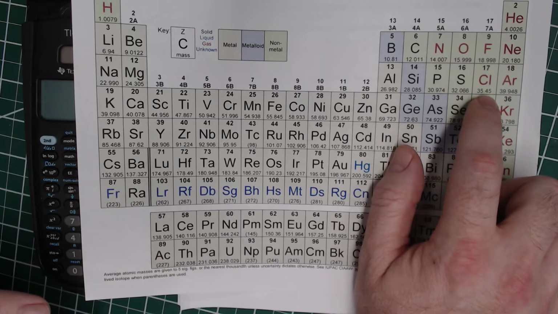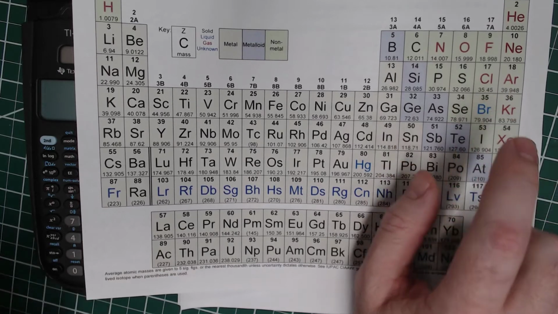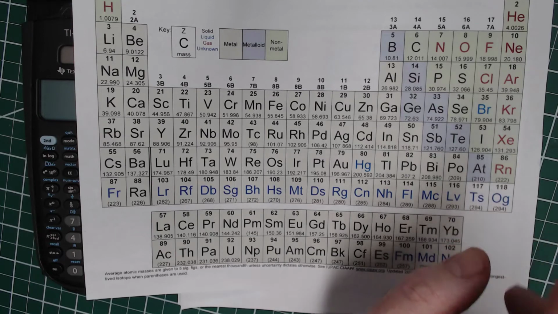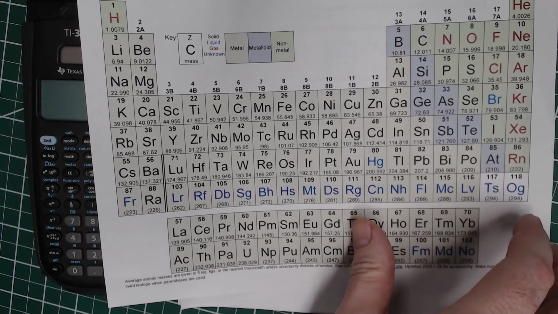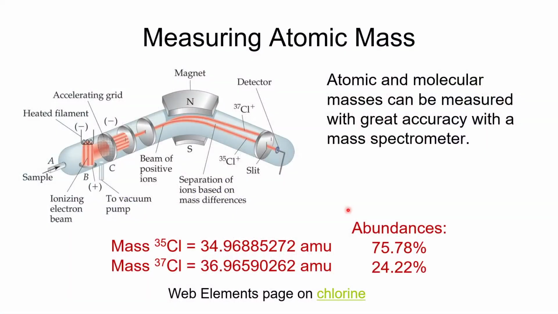The way that we get that 35.45 is to use these isotopic masses that I just showed you, and to use these abundances, the isotopic abundances. And by using those, you can get the average atomic mass. If you just take these two numbers, add them together, and divide by 2, you will get a number that is not the correct number. So you don't want to do that.